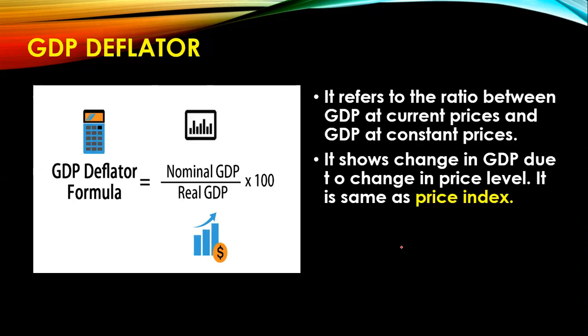So it shows the change in GDP due to change in price level. So in this video, we have seen what nominal and real GDP are, which of the two is better, and how we can rectify or nullify the impact of a rise in the price level on GDP.